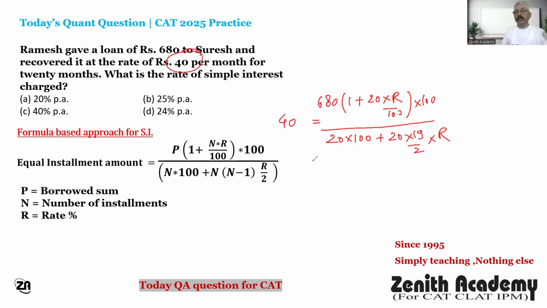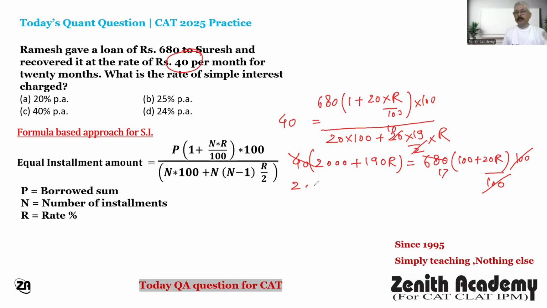So now, it is a simple matter of the formula. 40 into 2000 plus 190 R. Here it is 680 into 100 plus 20 R into 100, the 100 cancels.